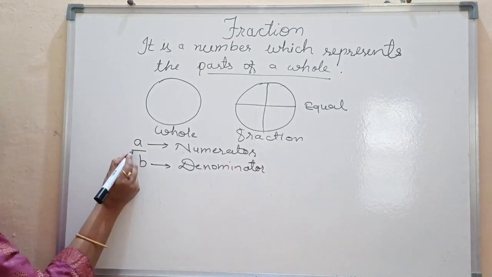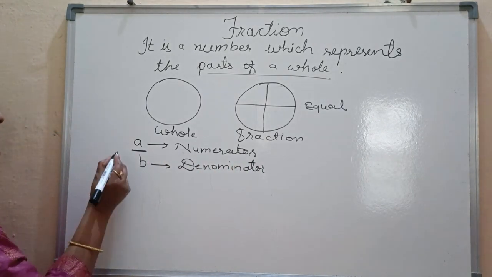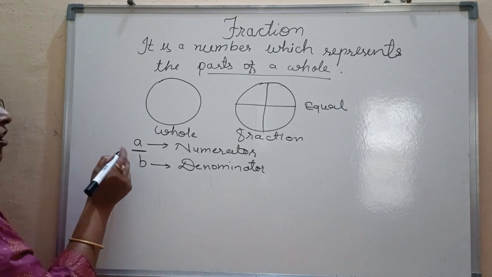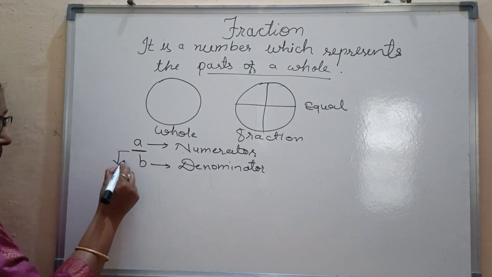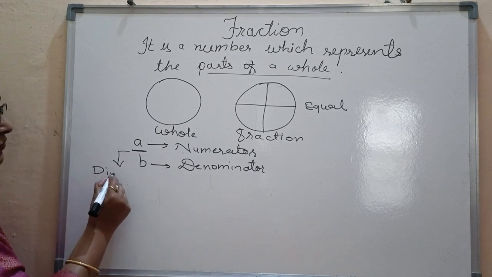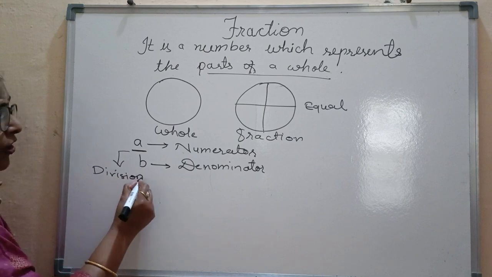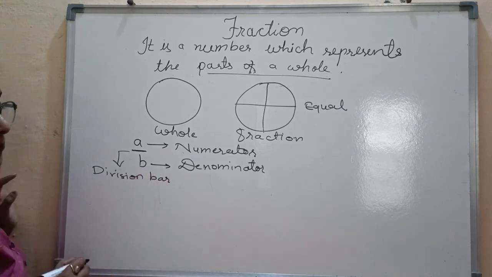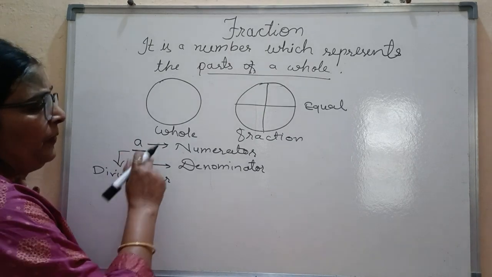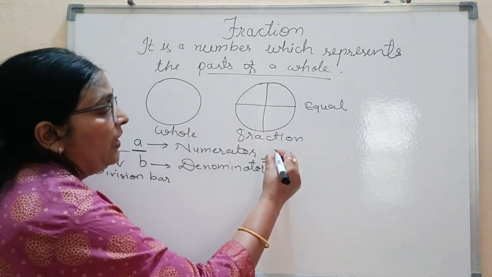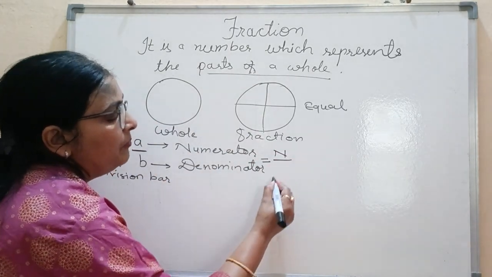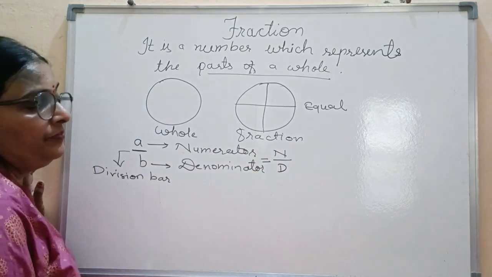This slash is called a division bar or fraction bar. Now this A by B, we can write as numerator by denominator.